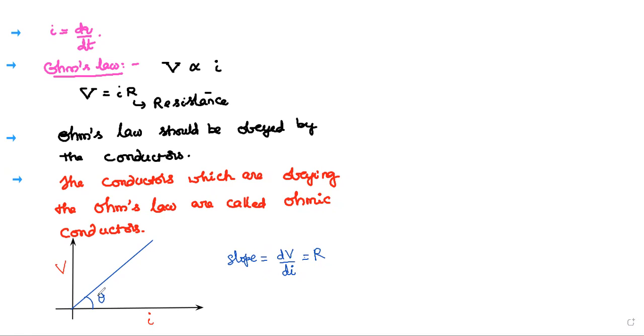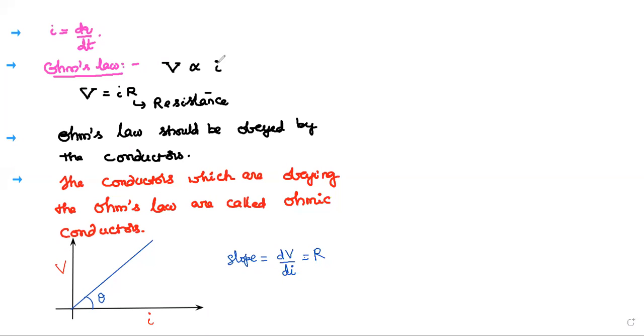But the problem here is, with the increase of the voltage, initially V is doubled, current is also doubled, V is tripled, current is also tripled, so resistance remains the same.